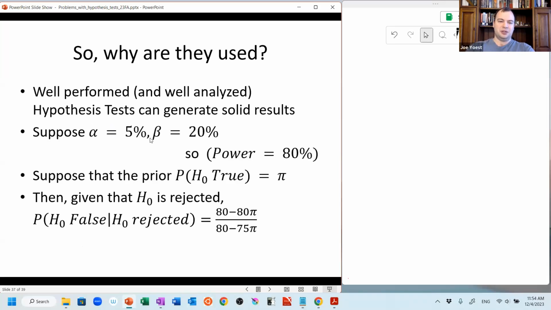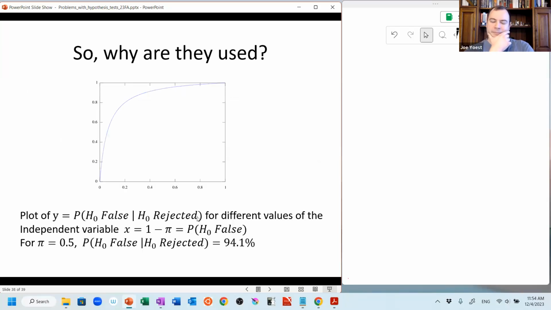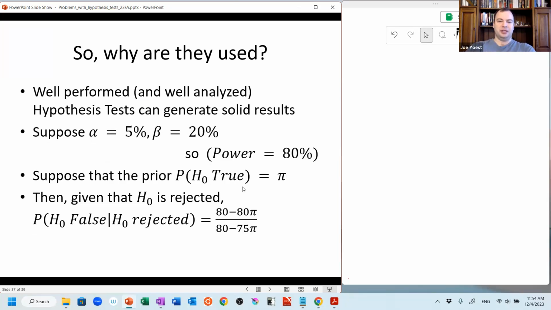Under some certain assumptions, we assume power is 80%, beta is 20%, and so on. And the prior probability H naught is true is pi. That's not 3.14. That's just another letter p, because we have too many p's floating around already, right? We've used p for the p-value already, so this is just a different p.